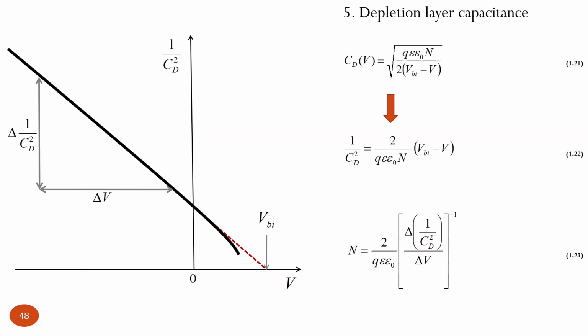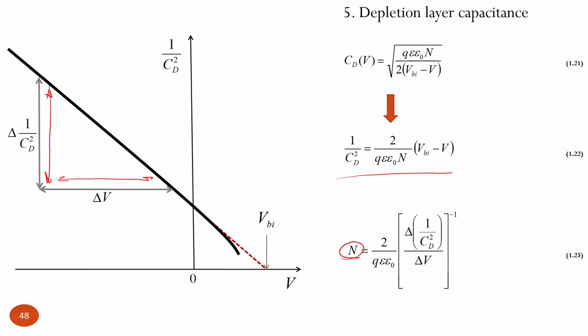From this equation we can see that from the slope of this linear dependence, the ratio of change delta 1 over CD squared to delta V, we can calculate the concentration of doping centers, which is a very important parameter and defines a lot of properties of semiconductor materials.